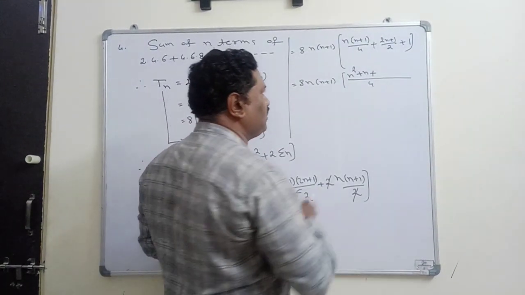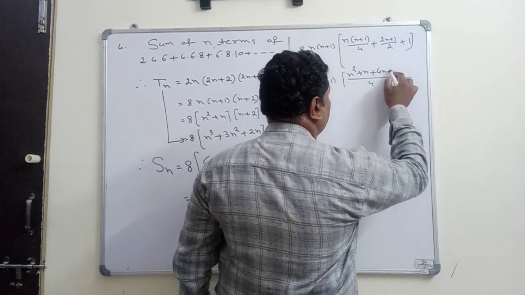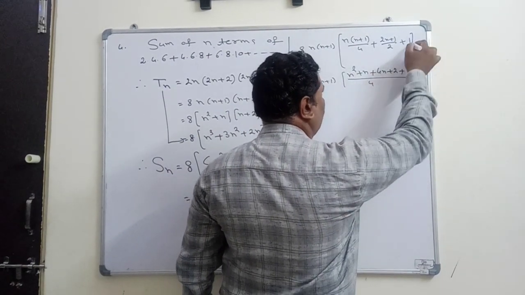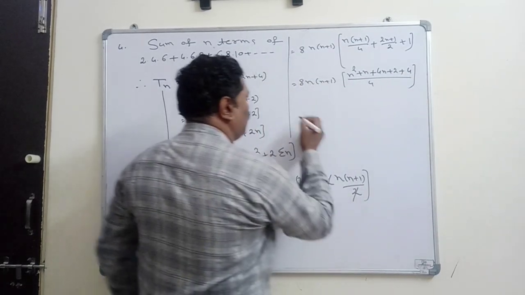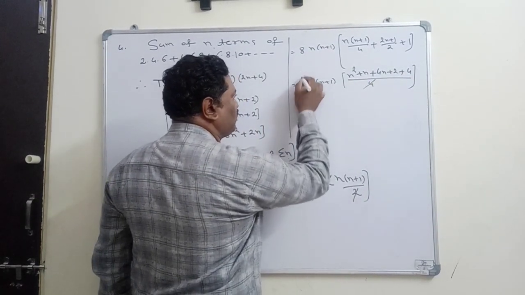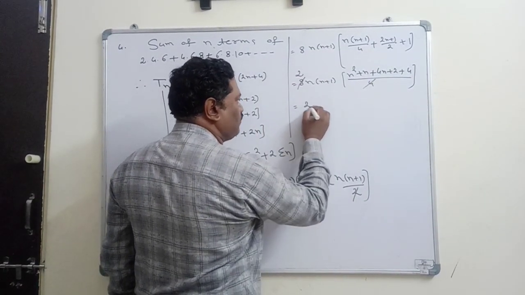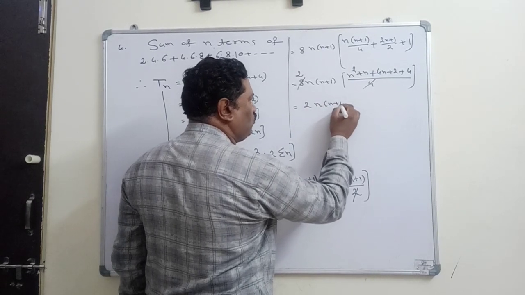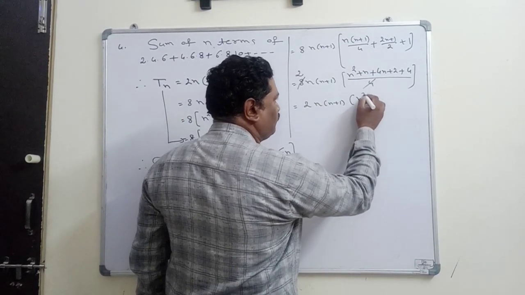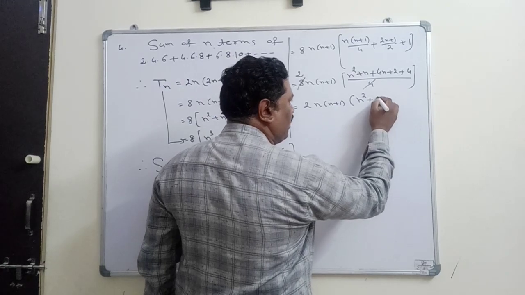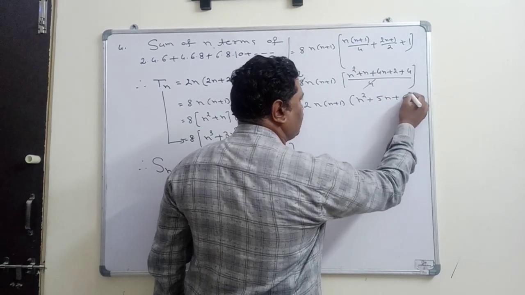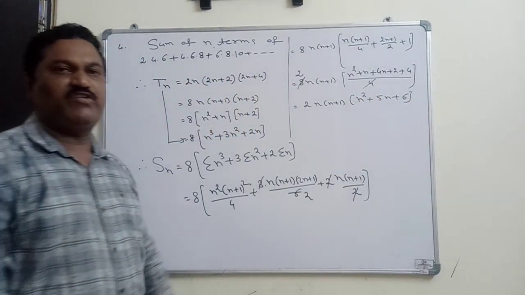So 2 into 2, that is 4n plus 2, plus, the LCM is 4, that 4 comes here. Now 4 1s are 4, 2 4s get cancelled. That is 2 times n into n plus 1 into n square plus 4n plus n, that is 5n plus 4, 2 2s are 6. This is what we got.